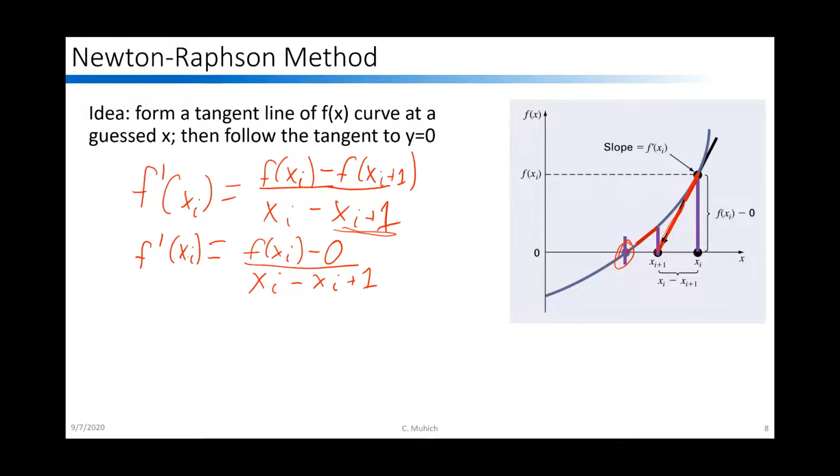Okay. So with this formula, I can rearrange to isolate the quantity that I'm interested in, which is xi plus 1.